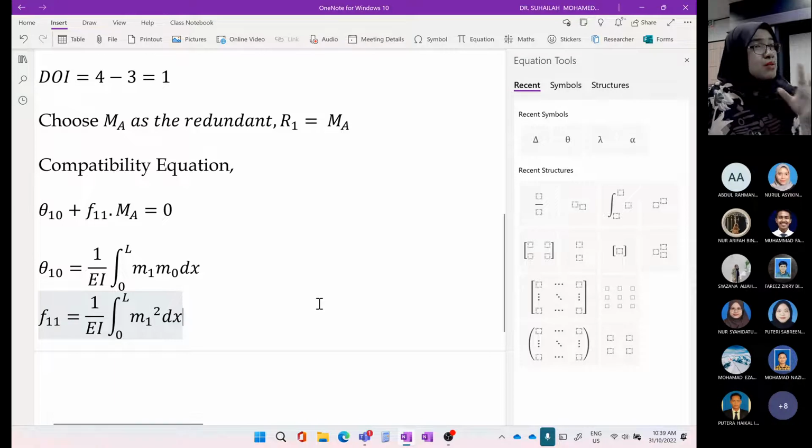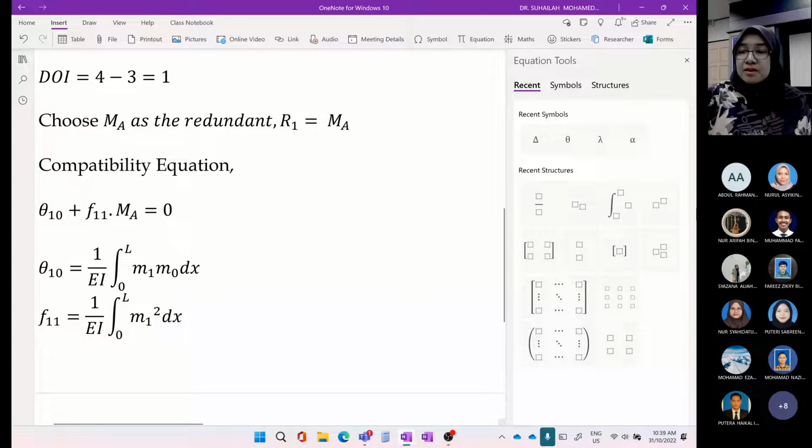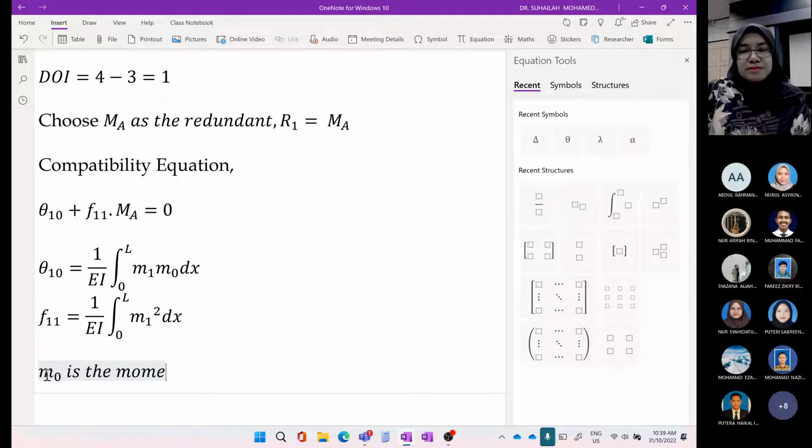What is M0? Always start with naught because naught is 0. So what is M0? M0 is the moment equation in the primary frame.